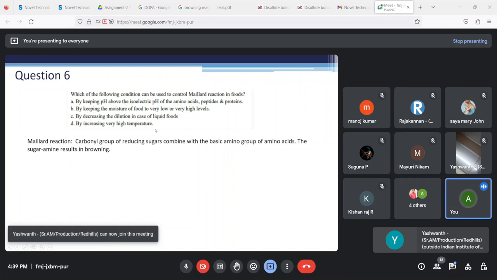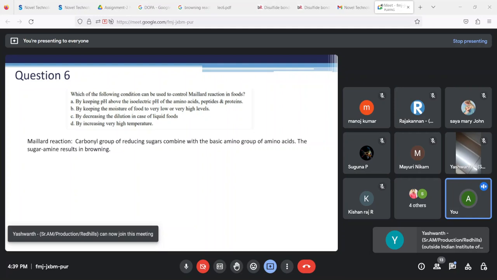And D, what happens when you increase to very high temperatures? Why is Maillard reaction not controlled when you increase the temperature? So what is the major first induction of the browning reaction?